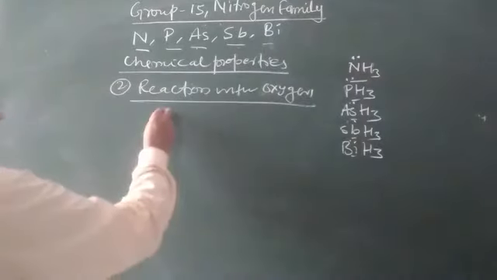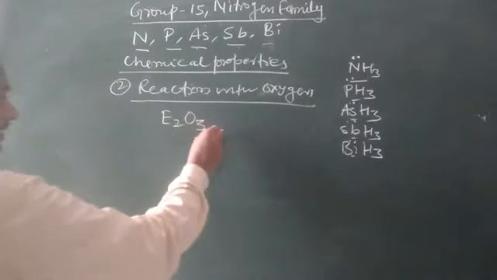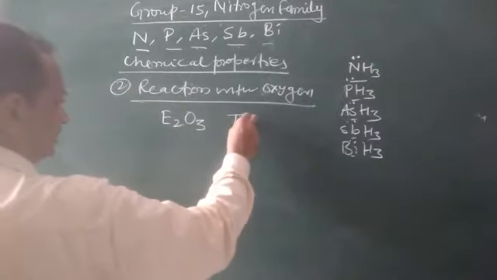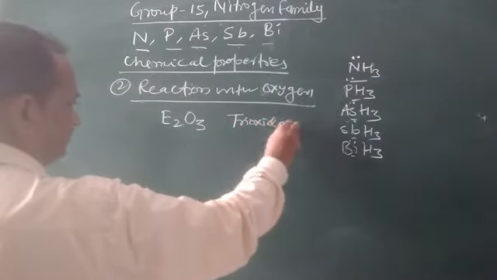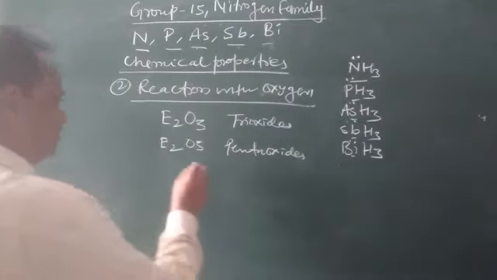Members of this family form oxides in two categories. E2O3 is said to be trioxide, and E2O5 is said to be pentoxide.